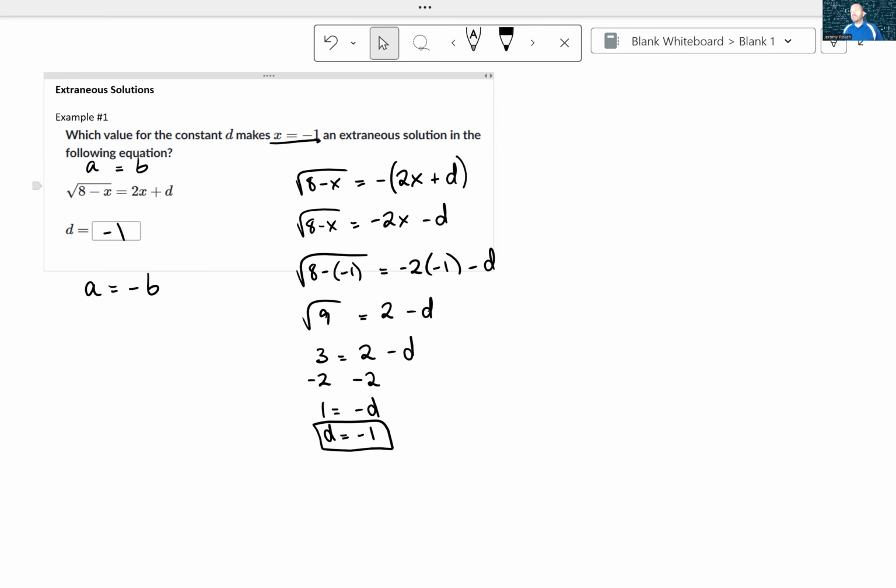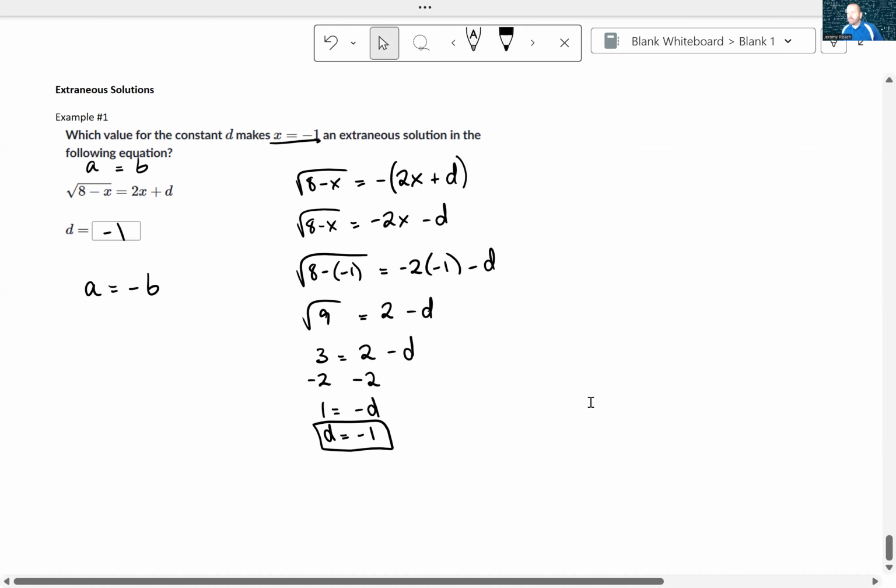And if we plug those answers in for x, we'll get at least one extraneous solution. So this is kind of a challenge problem for the extraneous solutions, but it is on Unit 10, Quiz 1. And that is everything for Unit 10, Quiz 1.